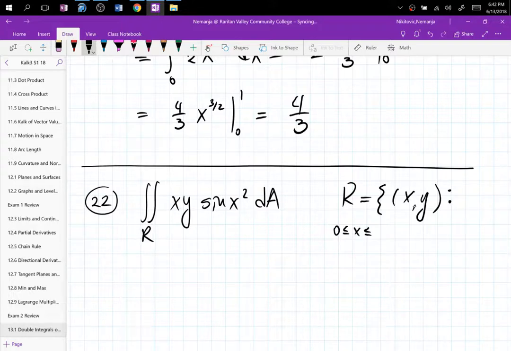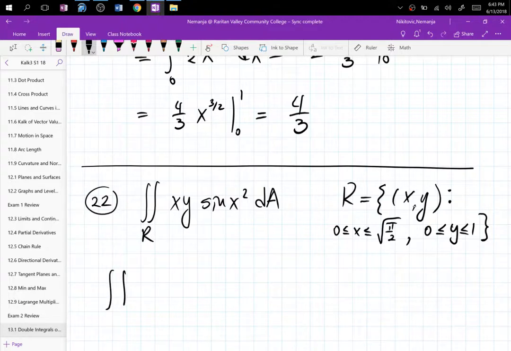0 is less than or equal to x, which is less than or equal to the square root of pi over 2, and y is between 0 and 1. So that's our region. And now we put our integral.